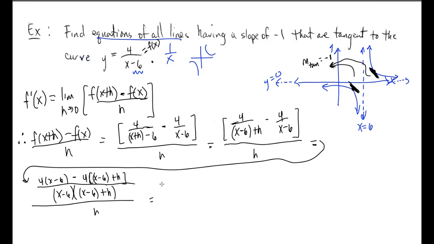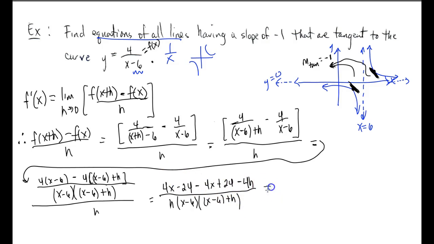From there, we simplify what we can in the numerator. Because of complex fraction division, the h will just move up. So this will be 4x minus 24 minus 4x plus 24 minus 4h, all divided by h times x minus 6 times x minus 6 plus h.